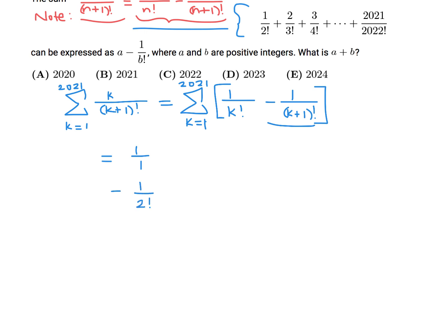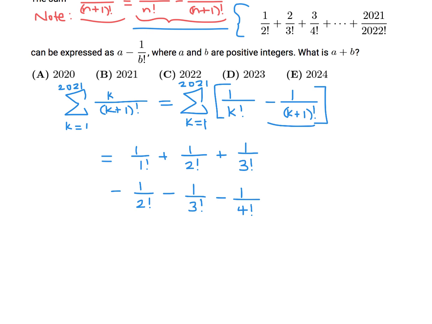And you'll see at the end things cancel out. Then the next one, when k is 2, it would be 1 over 2 factorial minus 1 over 3 factorial. The next one, when k is 3, it would be 1 over 3 factorial minus 1 over 4 factorial.